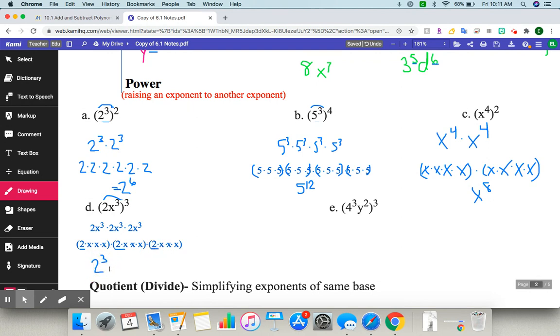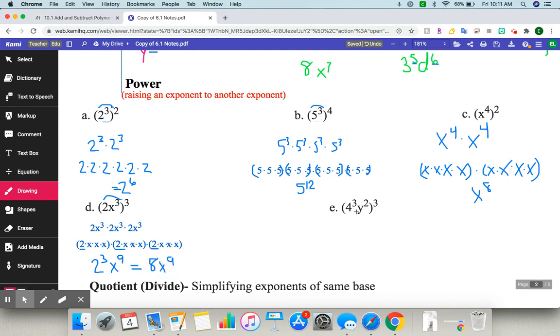So that's 2 to the third power. And then for the base of x, I have 9 total factors of them. So that's x to the 9th. I could keep this as is, or since 2 to the third power is not a super large number, I could simplify that to 8, since 2 to the third equals 8. So this is 8x to the 9th.